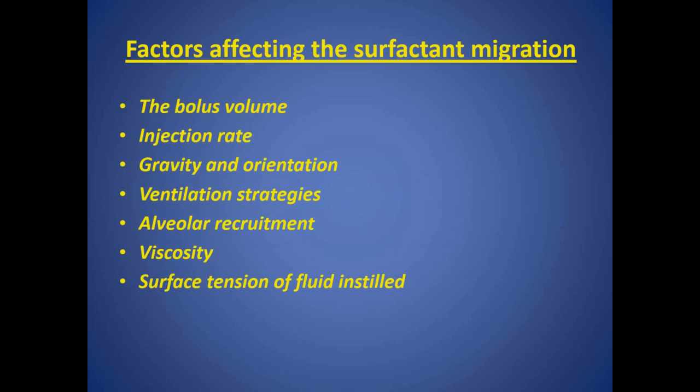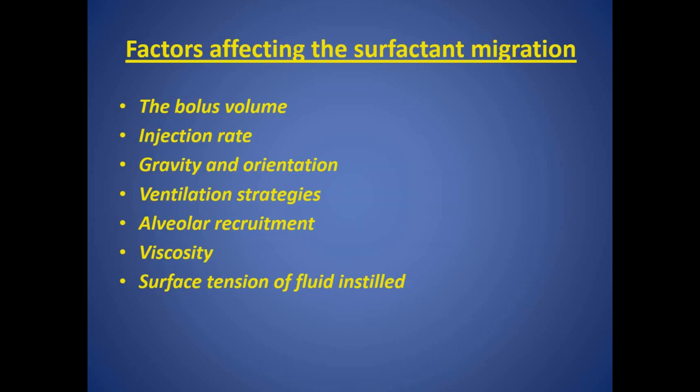Following intratracheal administration of surfactant, there are a couple of factors that may affect the migration of surfactant to the lung: the volume of surfactant, the injection rate, the gravity and orientation, the ventilation strategies, the status of lung recruitment, and viscosity. All these factors may affect the migration of surfactant in the airway.